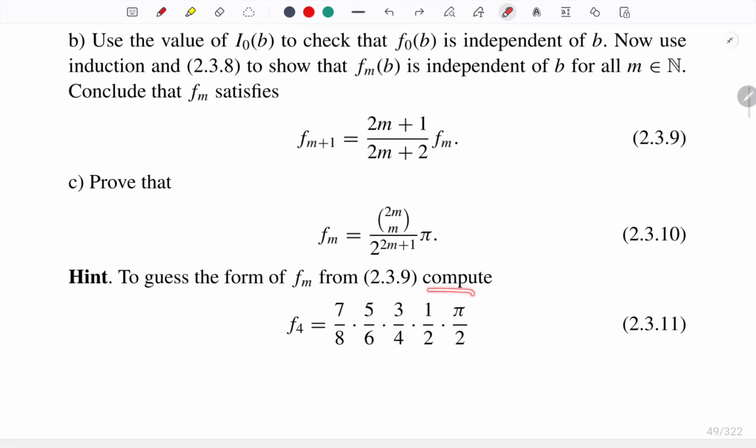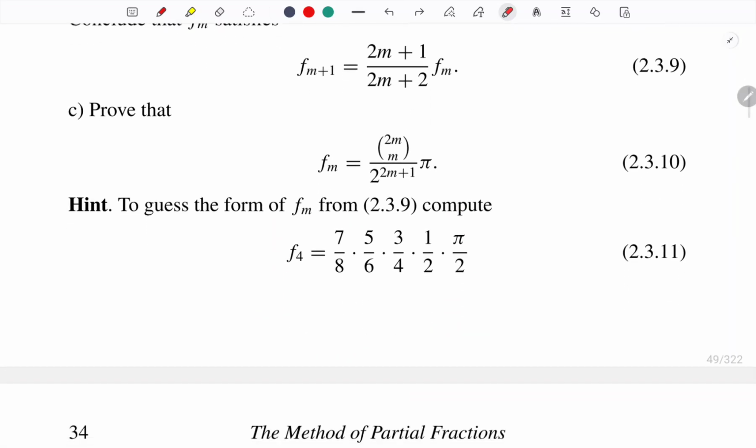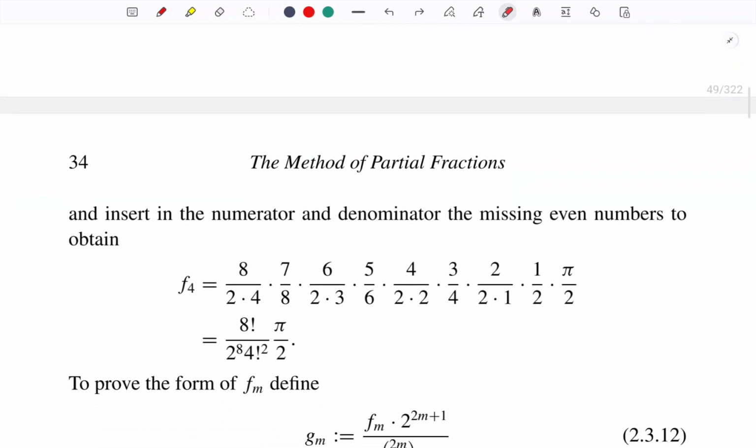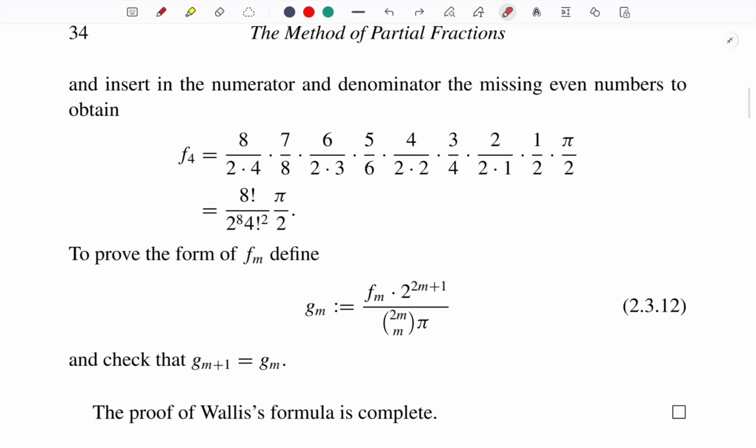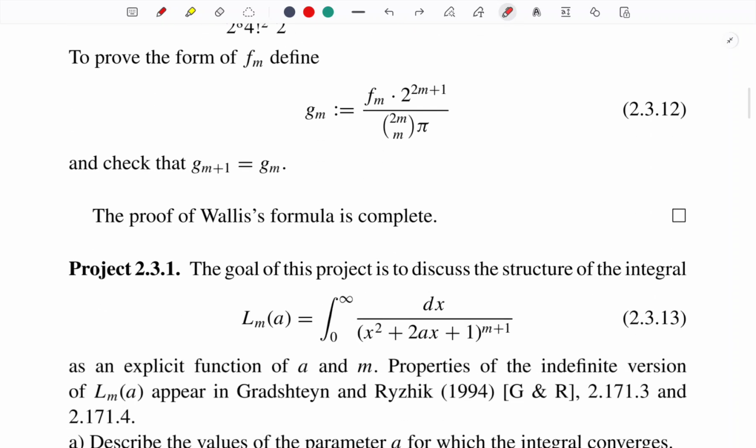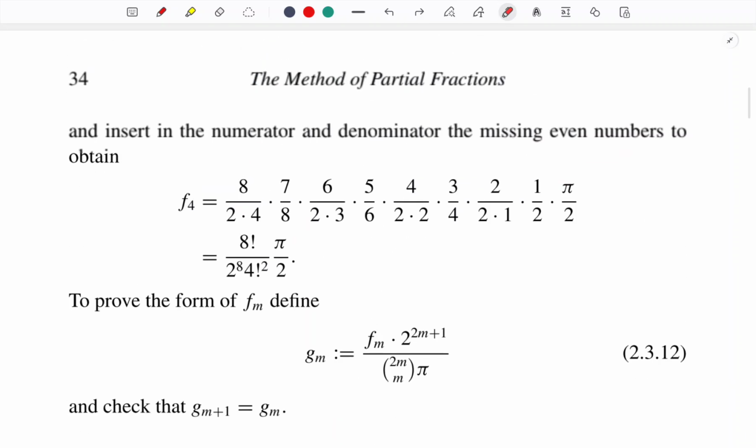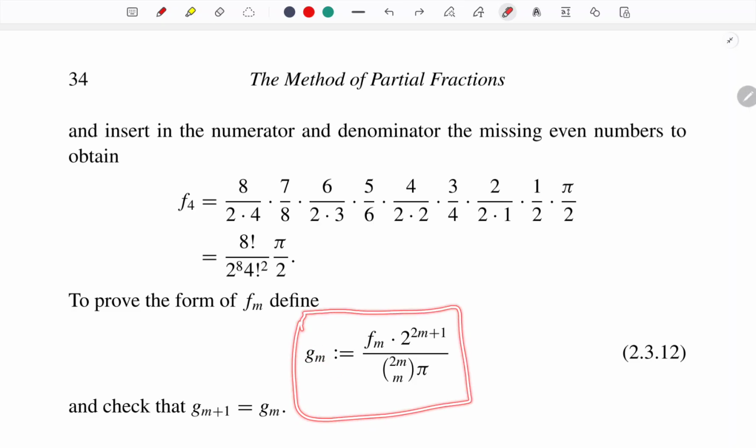Okay, I think right over here we are having some sort of, okay, what's this guys?